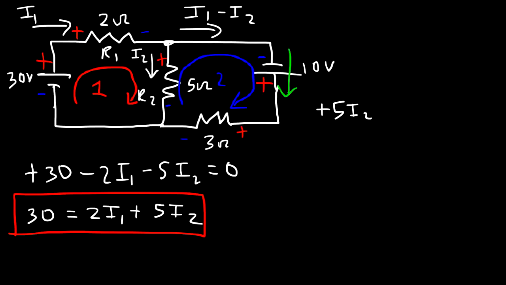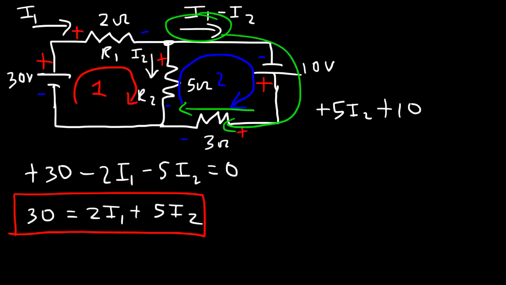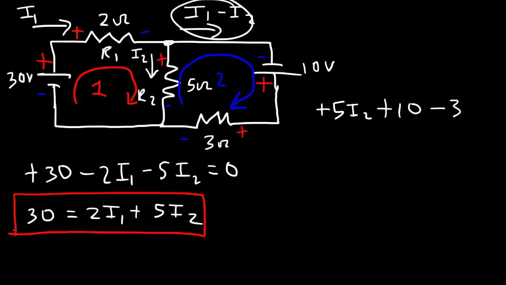So that's another voltage lift of positive 10. And then we need to travel in the direction of this current as it goes this way towards the lower potential. So that's going to be a voltage drop, and so that's going to be negative 3 times this current, which is I1 minus I2.